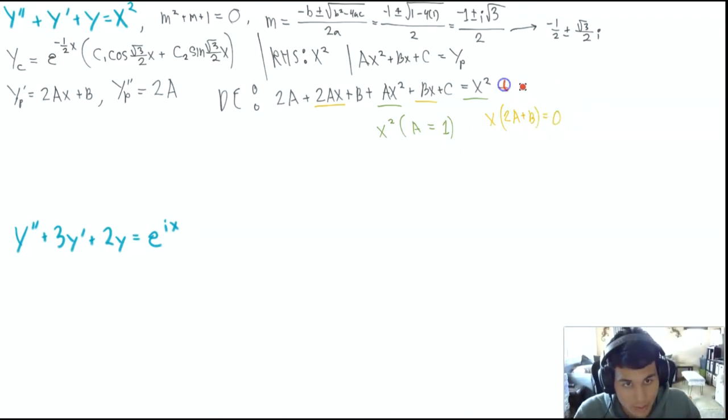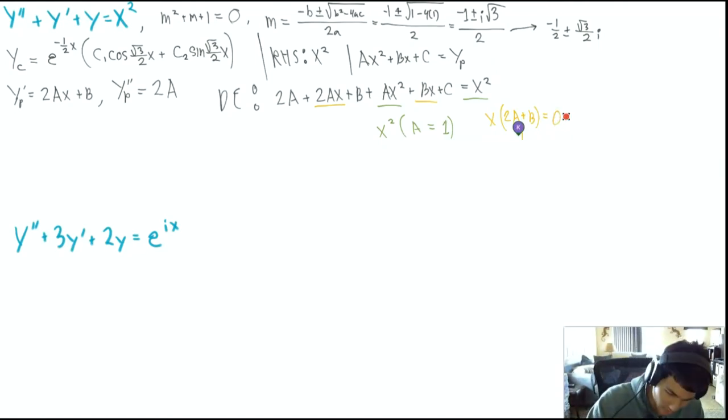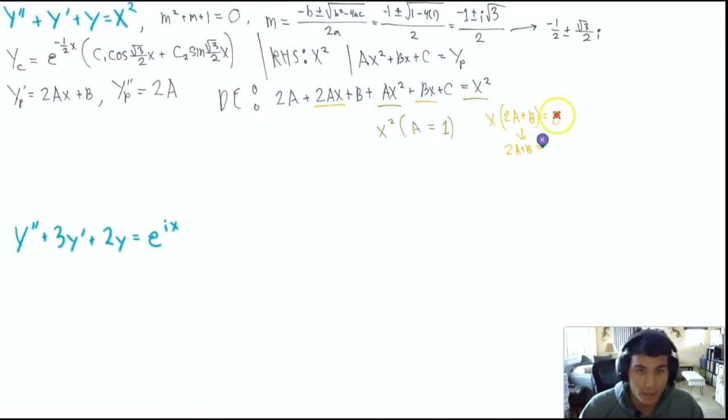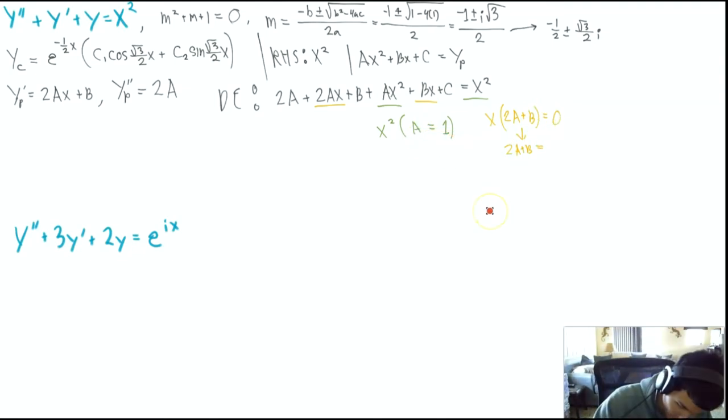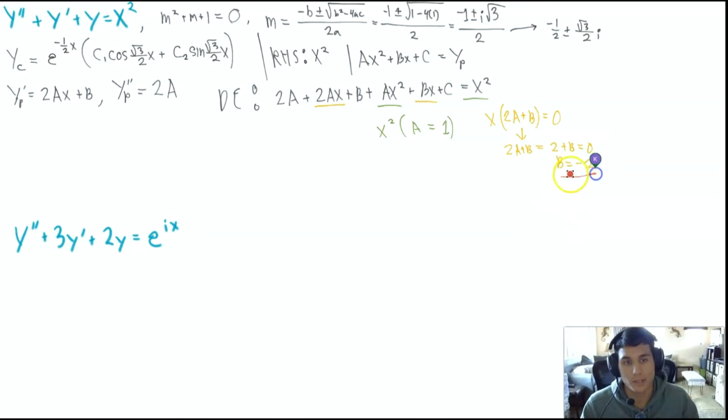There's no plus x over here, so it's just equal to 0. We can think about this as 2a plus b, and a is equal to 1, so let's put that in. So this is 2 plus b is equal to 0. That means b has to be equal to -2. So this is important, and this is important.